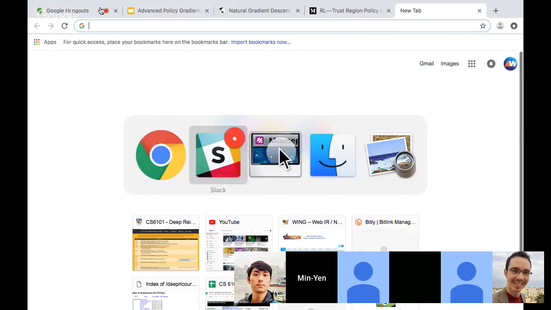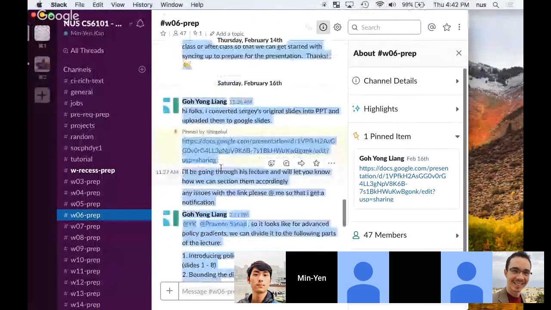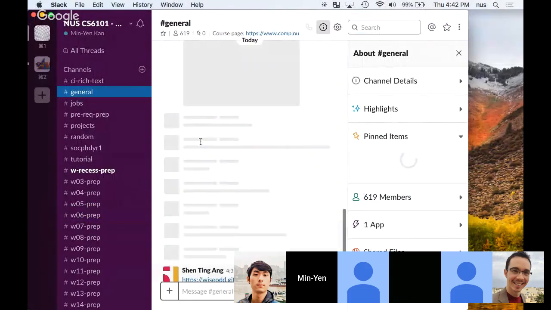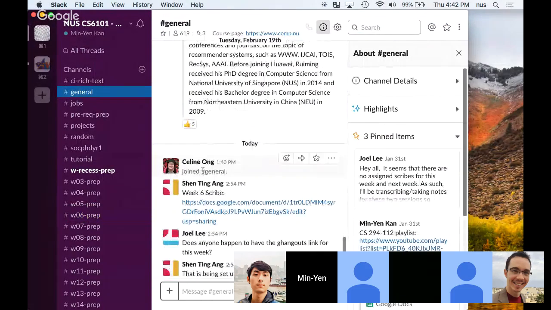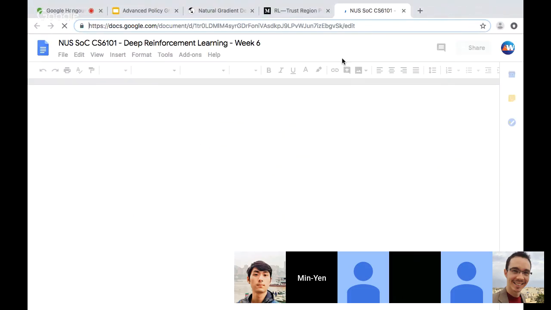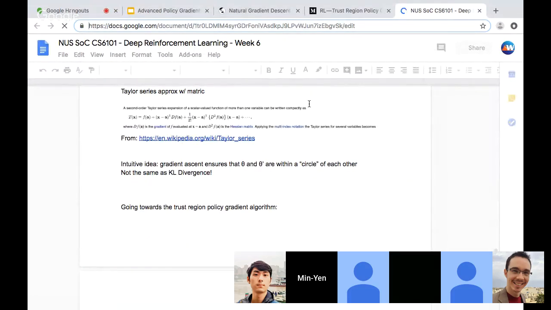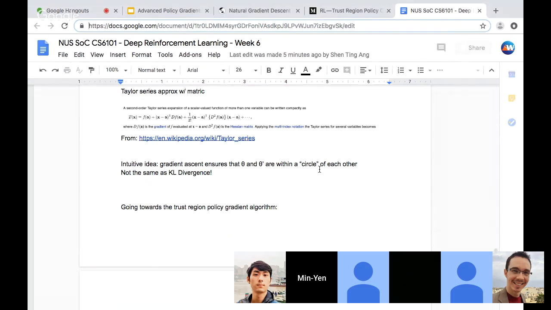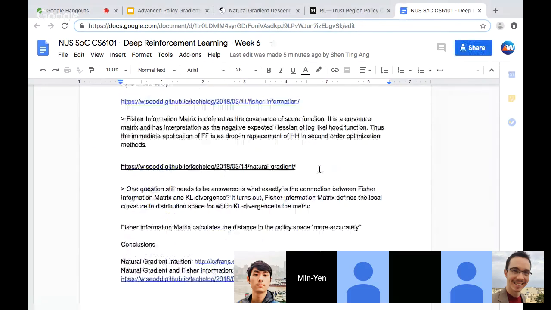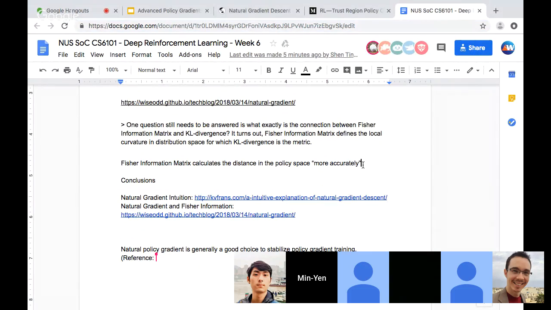So this corresponds to an optimization problem that will probably look something like this. This works out to be the same form that we're actually trying to get.